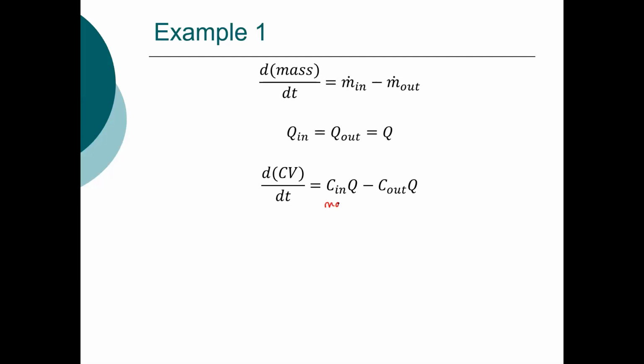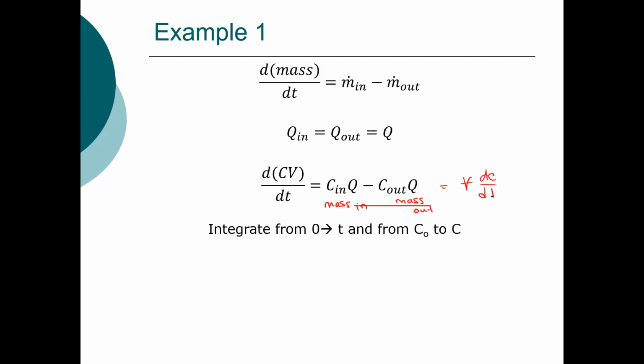This is our mass in, and this is our mass out, and this is equal to V dC/dt. Then we integrate this expression from C0 to Ct, and from time 0 to time t.